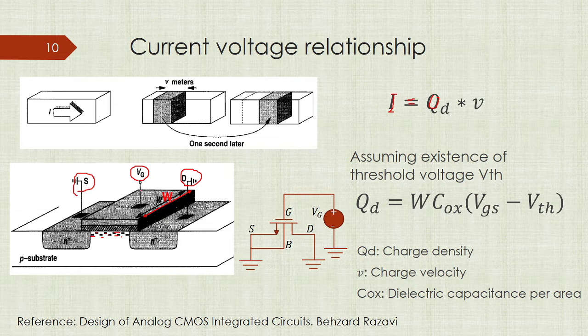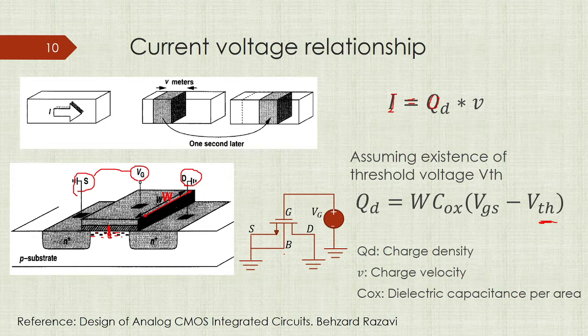In our CMOS transistor we can calculate the charge per unit of length, and this will be the width of our transistor times the capacitance of the oxide per unit area, times the voltage between gate and source minus VTH.